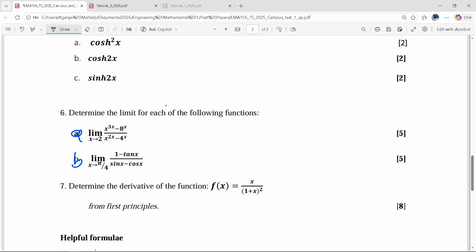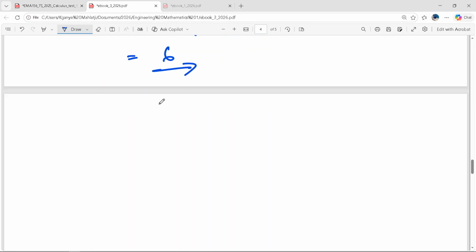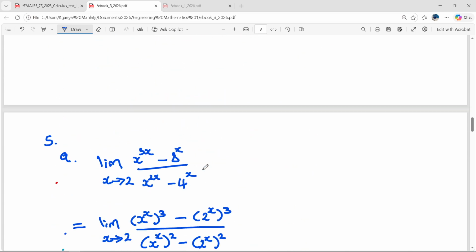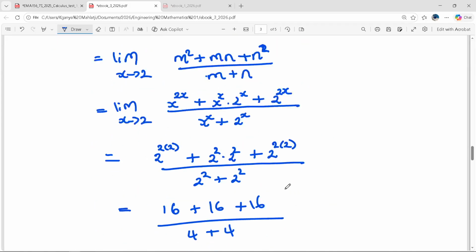This one we're working with radians. Let's solve that one. Is it number 5? I think we are solving question 6, not 5. My bad. Let's continue.